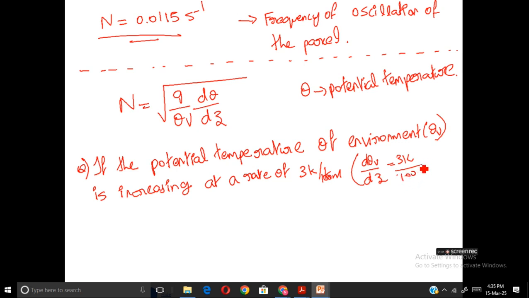So 3 by 100 Kelvin per meter, d theta by dz is given. And theta V, or the potential temperature of the surface, is given as 20 degrees Celsius. V basically shows it as a moist air, so virtual potential temperature we are considering.